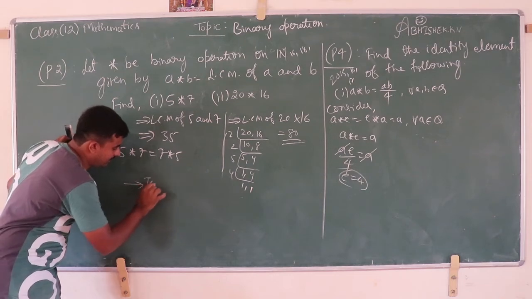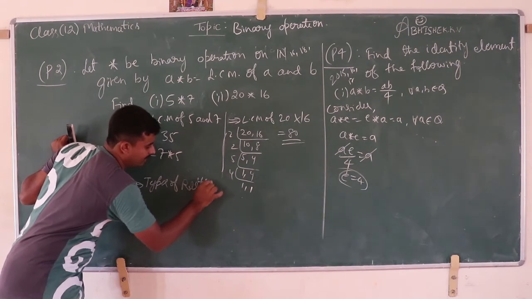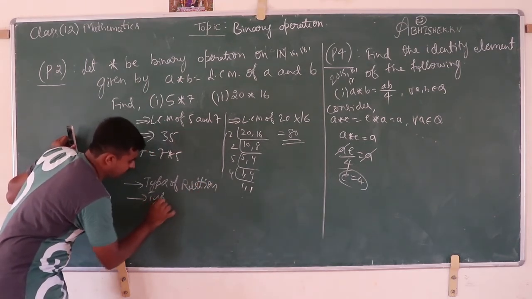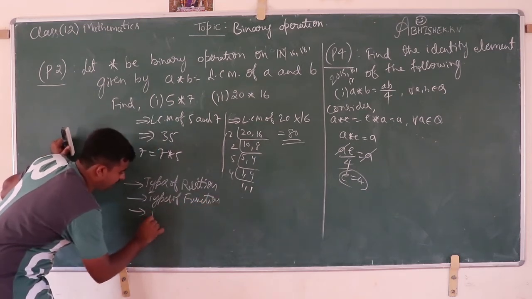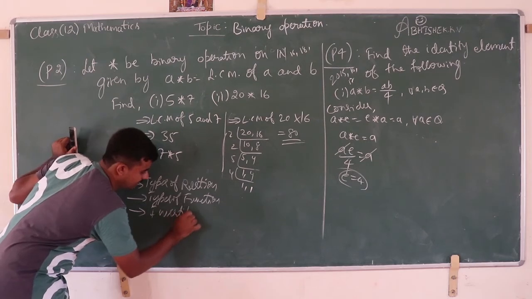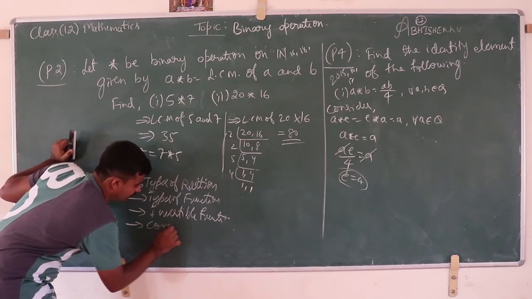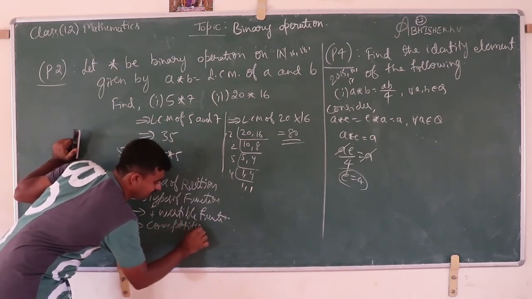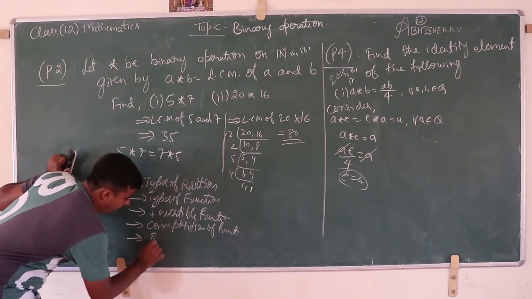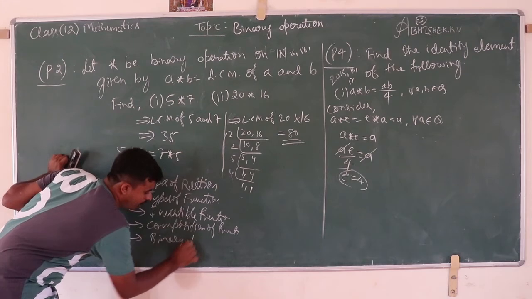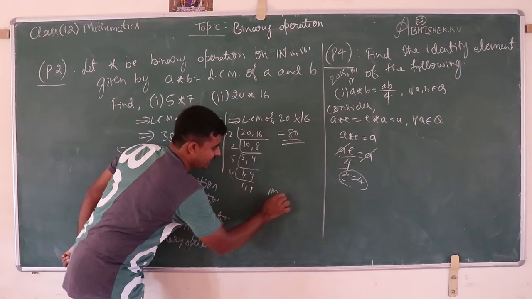First one is types of relation, then types of function, then invertible function, then composition of function, then binary operation. I already told you, in this chapter you are going to get a total of 11 marks.